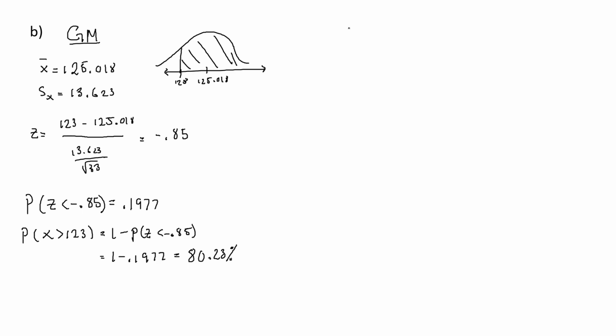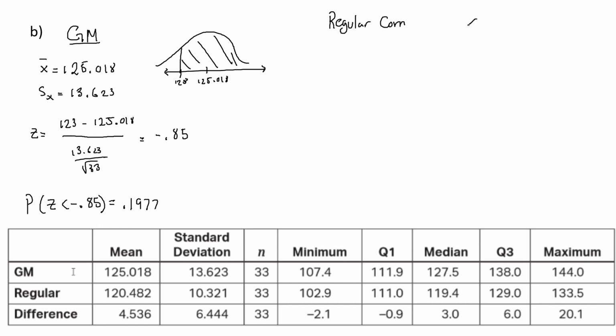Now we will do the same exact thing for the regular corn. So regular corn had a mean value of 120.482 and a standard deviation of 10.321.